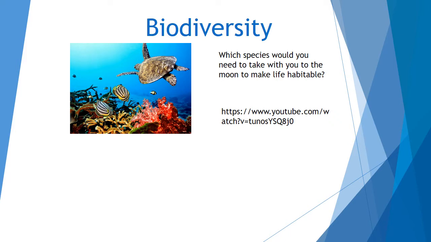Really, each species relies on another species, and we rely on them to make sure that population numbers are sustained. All the interactions together of species with each other and their environment is going to be really important. So biodiversity is very important.